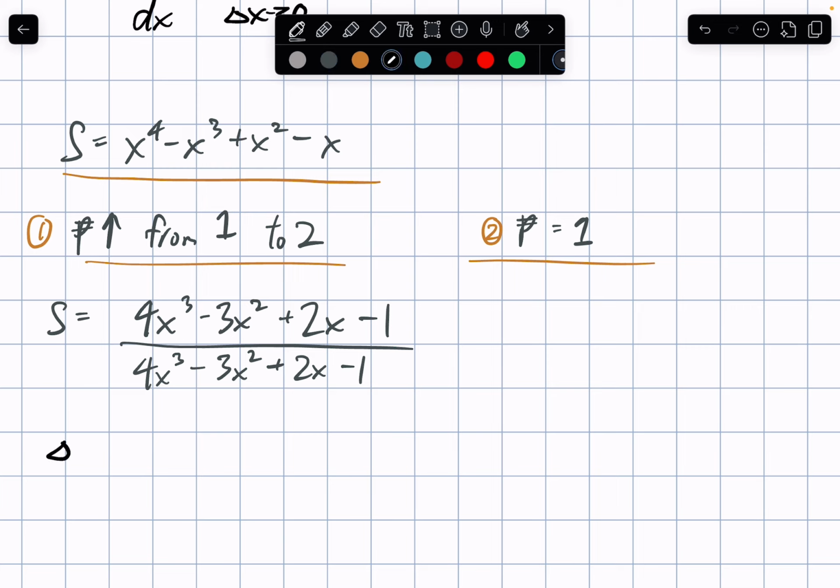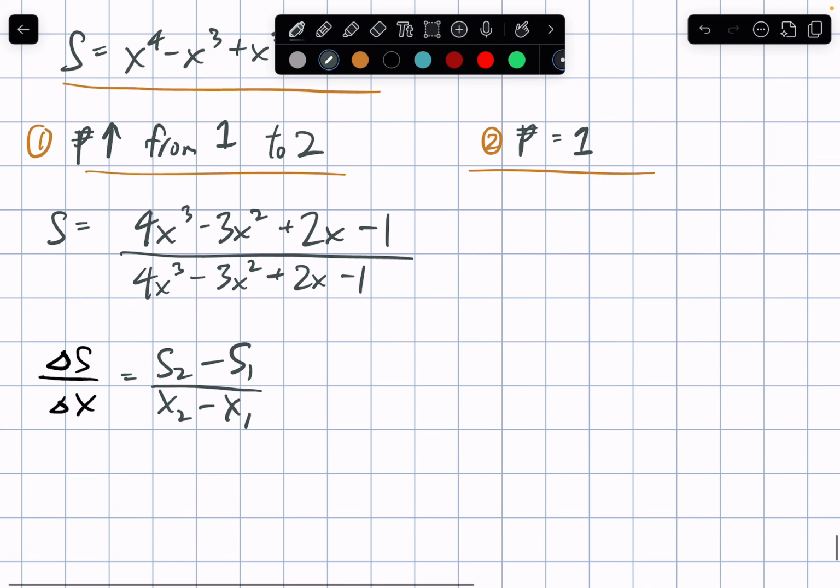So when the price changes from 1 peso to 2 pesos, delta S over delta X is S2 minus S1 over X2 minus X1.